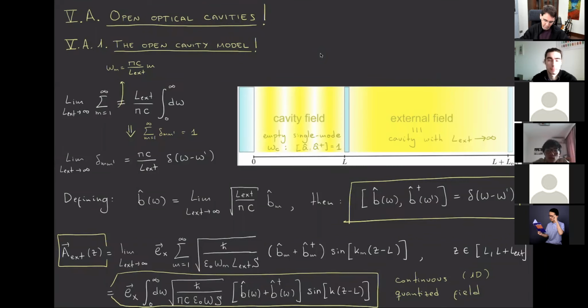In particular, we made this specific form in terms of annihilation and creation operators that form a continuous set.